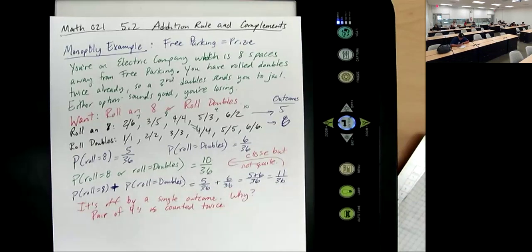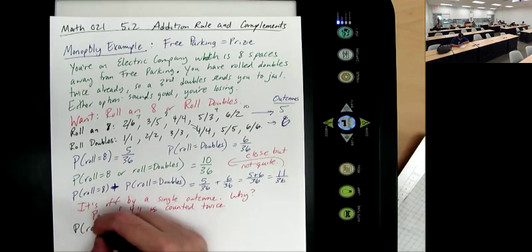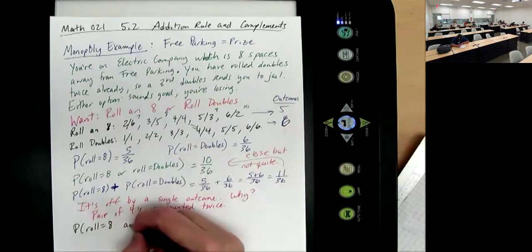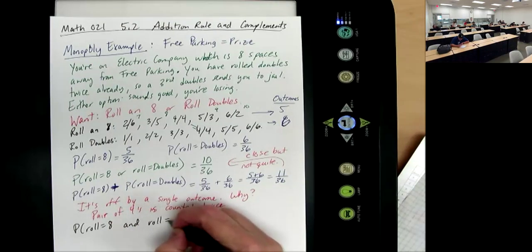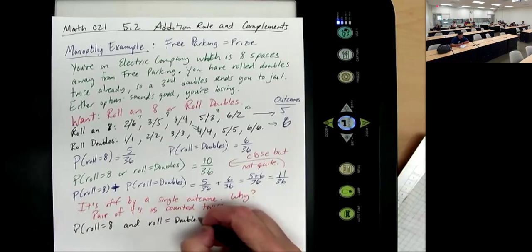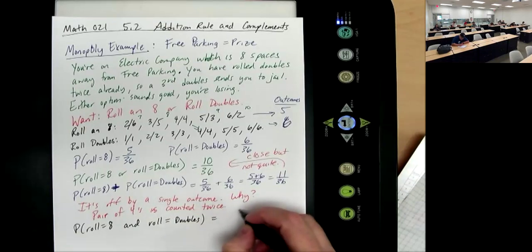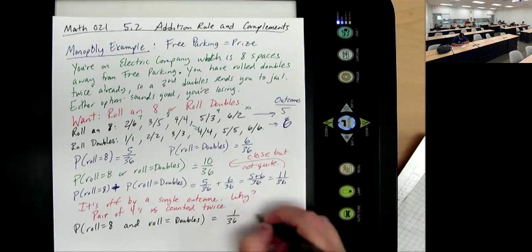So if I said the probability that the roll equals an 8 and the roll equals doubles, there's only one way for that to happen. It's the 4/4 option.